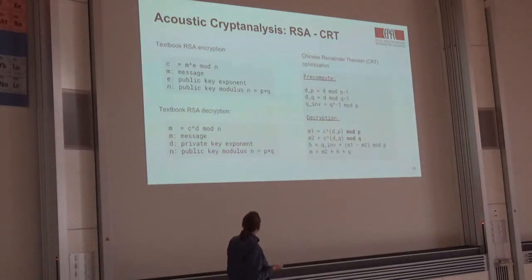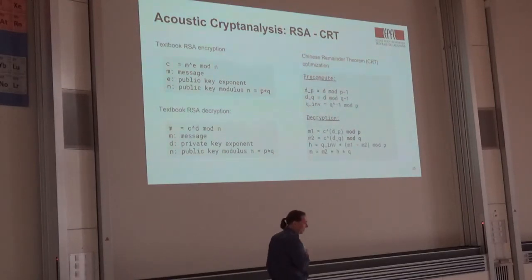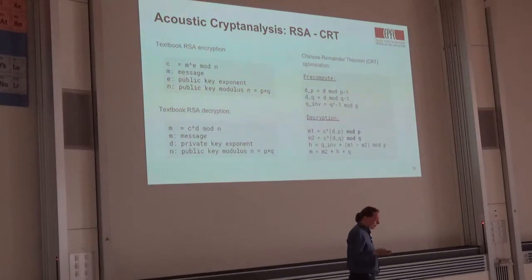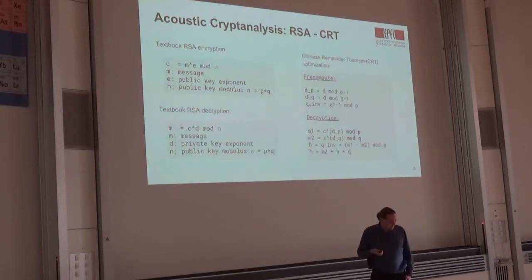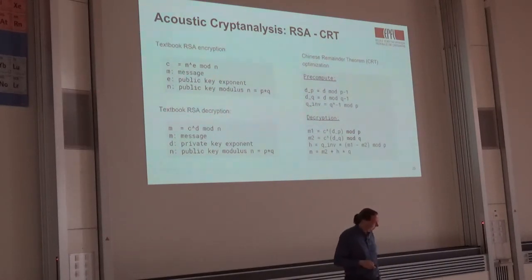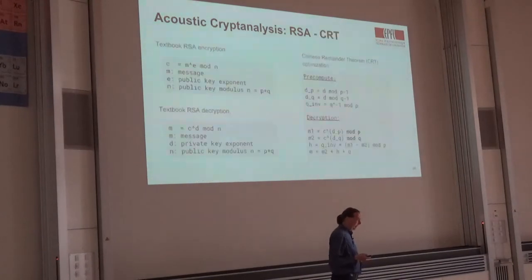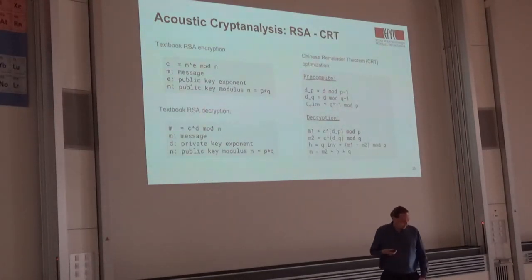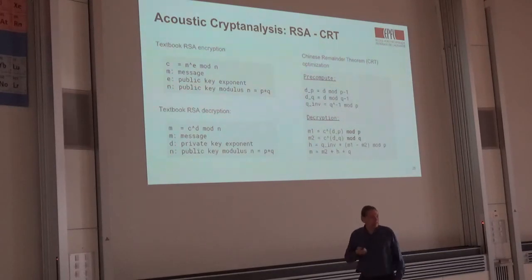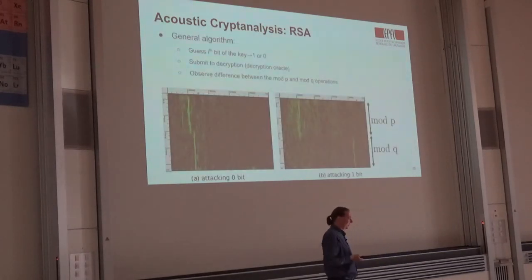Other versions of RSA use an optimization based on the Chinese remainder theorem, using pre-computation, and so decryption looks different. That makes the standard easy attack not work anymore, but a different attack still works.